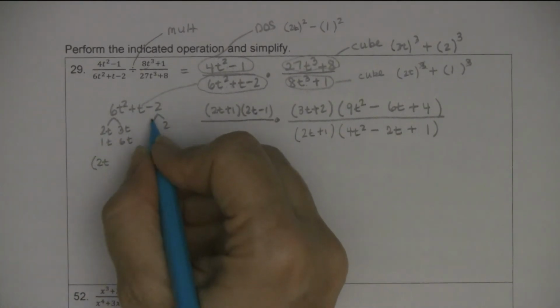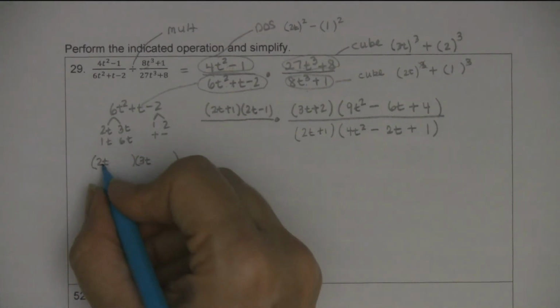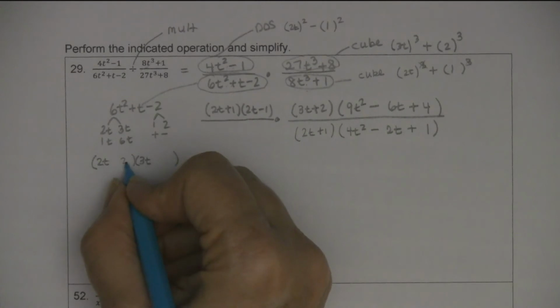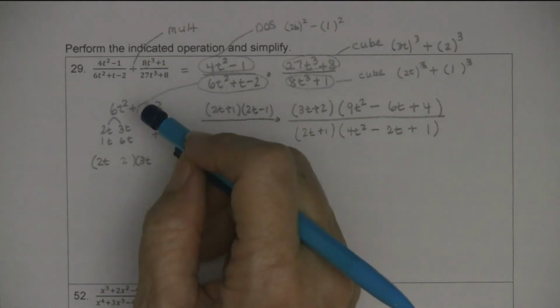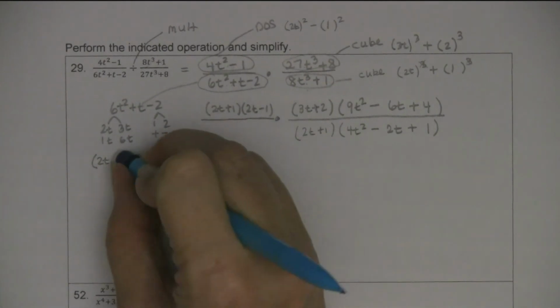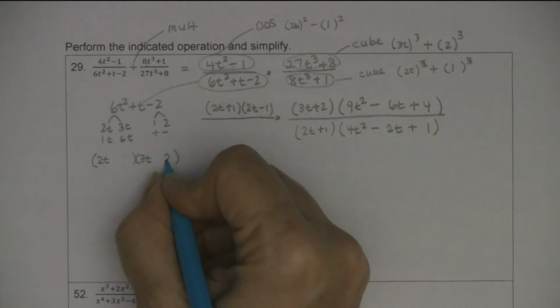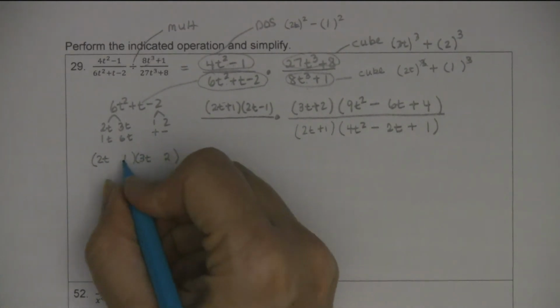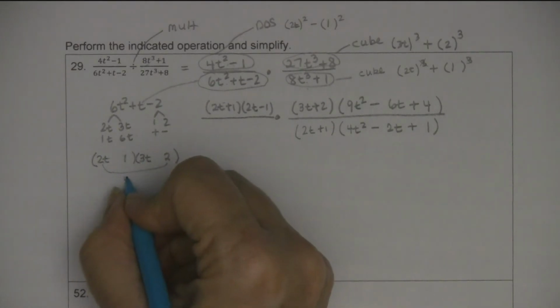And let's see here. The signs are 1 positive, 1 negative. I don't know which one's which yet. So I know that the 2 can't come in here because I said the greatest common factor was 1. And so I can't put the 2 in there. So it must be that the 2 goes over here and the 1 goes over here. And I can see that that's going to make 4t.